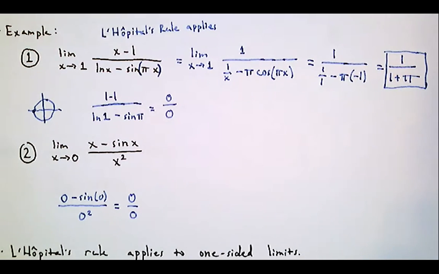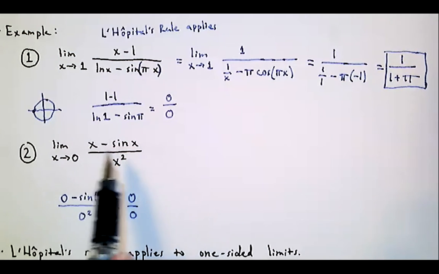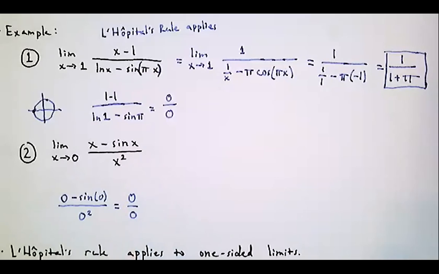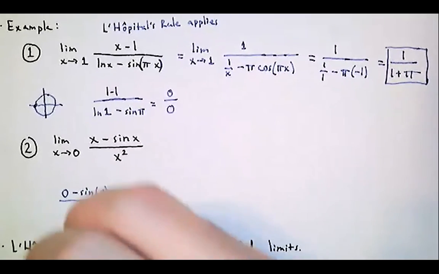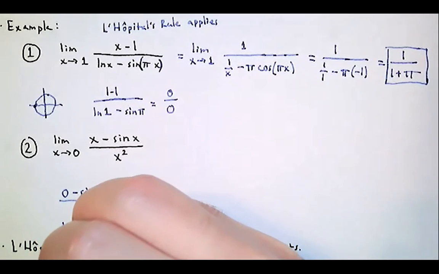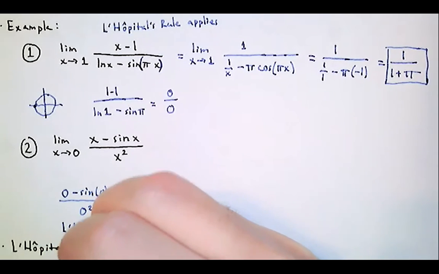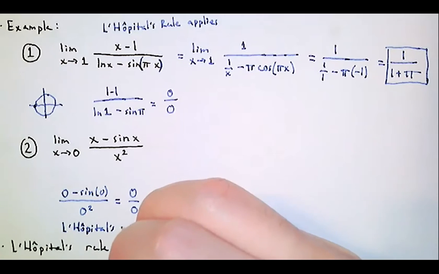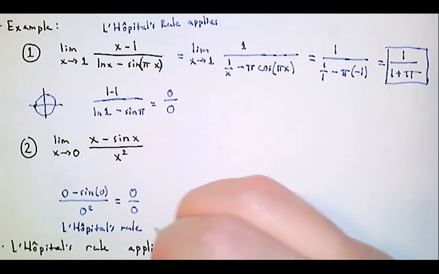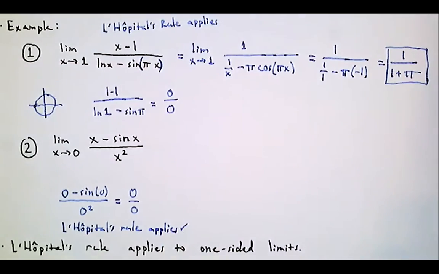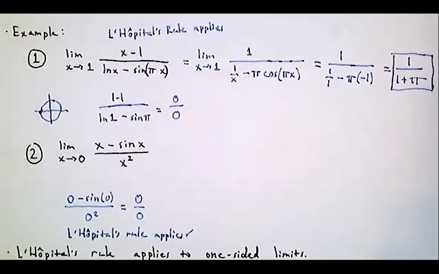So you do get a 0 over 0. And we also know how to find derivatives of the top and the bottom. So L'Hopital's rule applies.